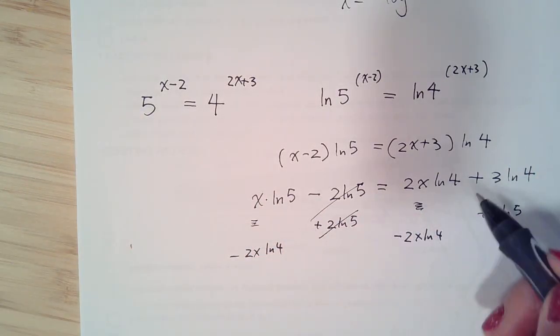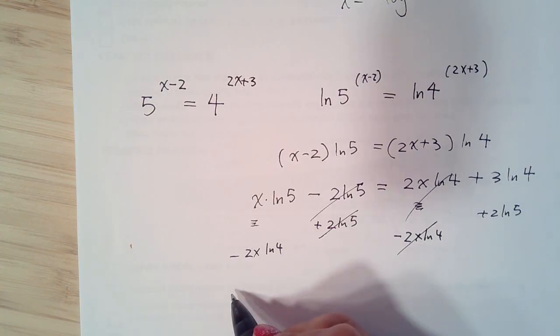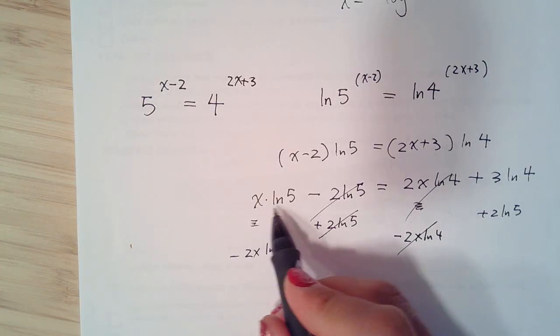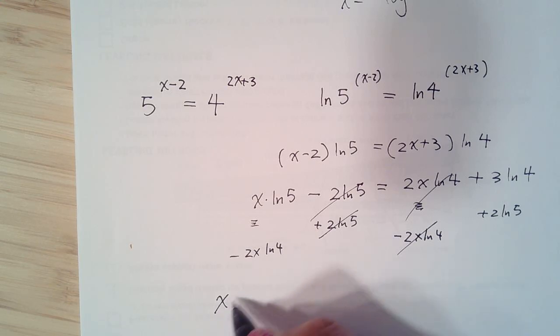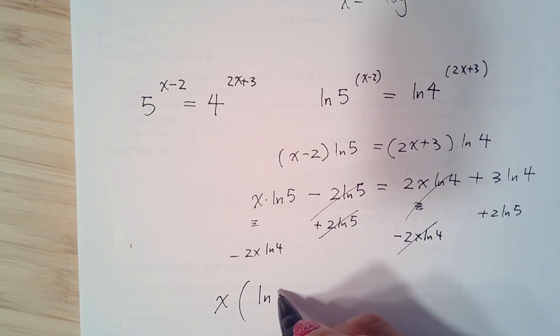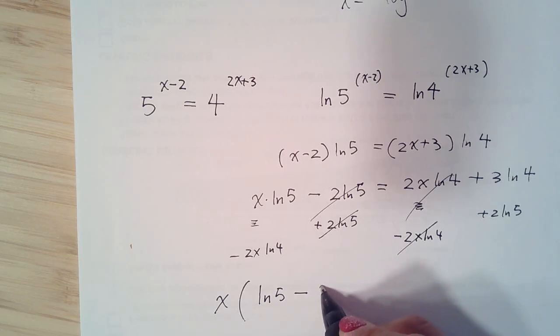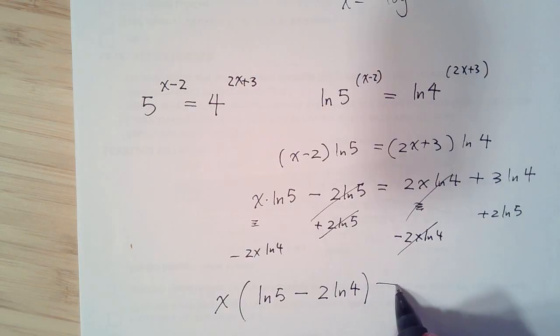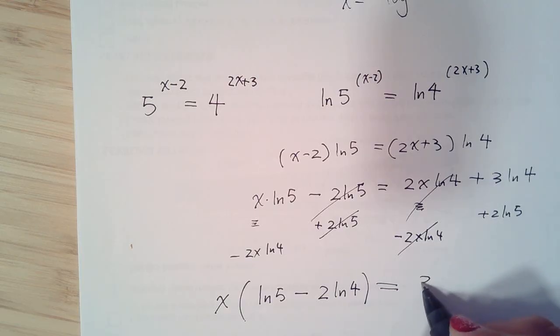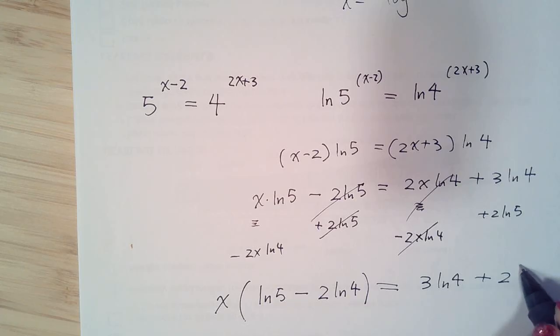This gets canceled and this gets canceled. So on the left side I have x times something minus something with x. I factor x out. This is the tricky part. I factor x out, I get ln 5 minus 2 ln 4, equals, and on the right side I get 3 ln 4 plus 2 ln 5.